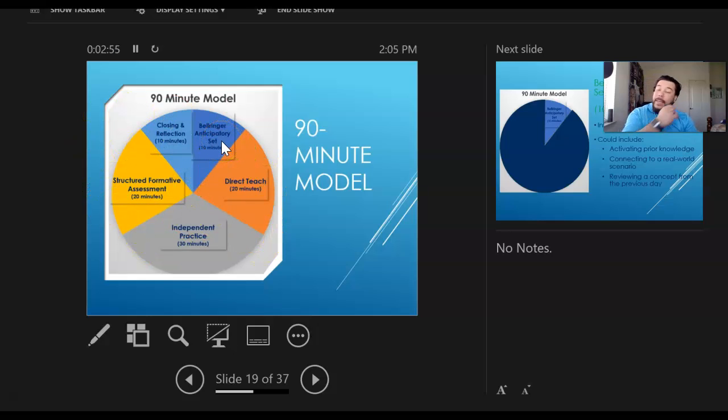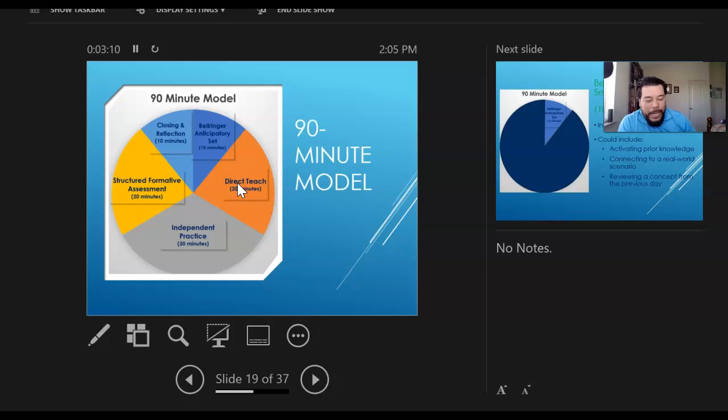Can the times be adjusted? Of course. I love the 90-minute model, because once we do get back into the classrooms, we will continue with the 90-minute model and the block schedule, and this opens the door for longer labs.